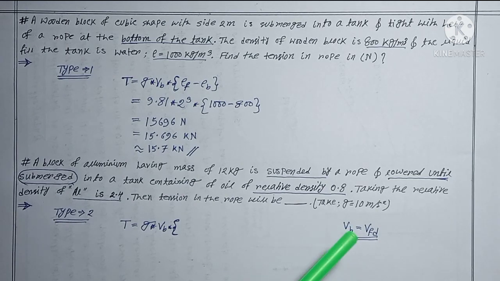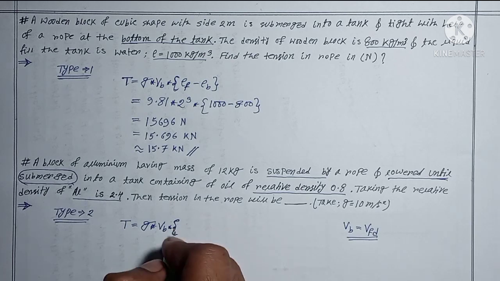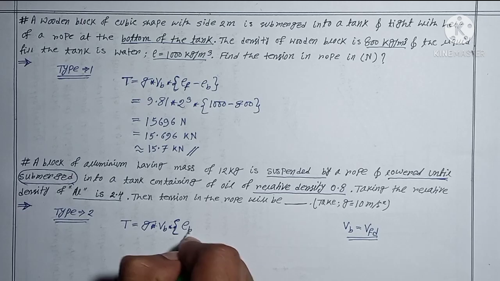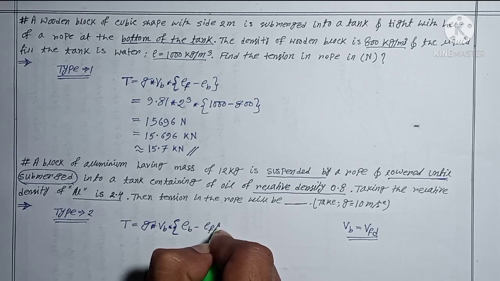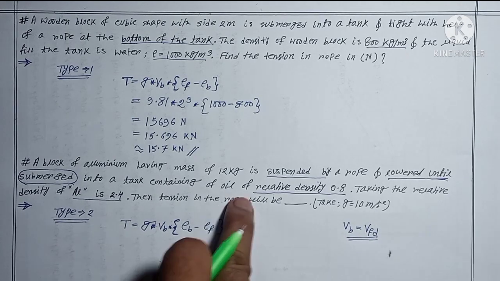Here the rope is attached at the top, which means the body tries to go downward. When the body tries to go downward, when the density of the body is greater than the density of the fluid, we have to subtract the density of the fluid from the density of the body. So this is basically our equation which we have to apply in this question.